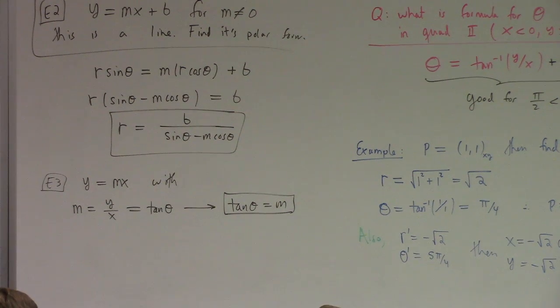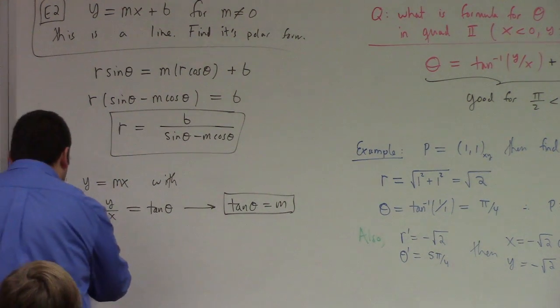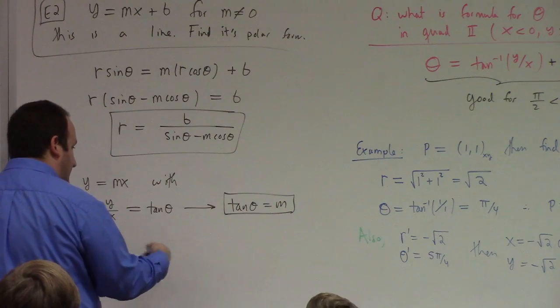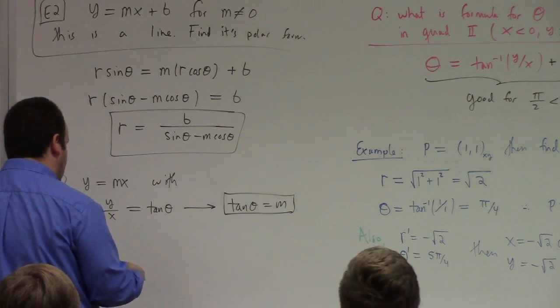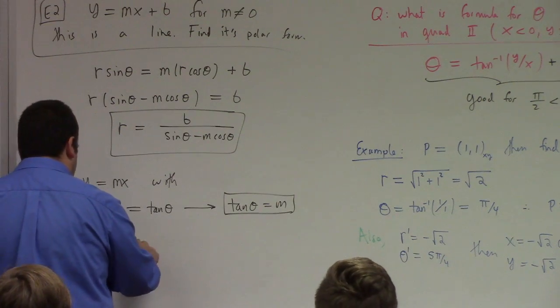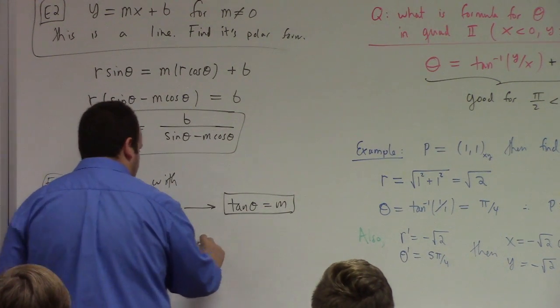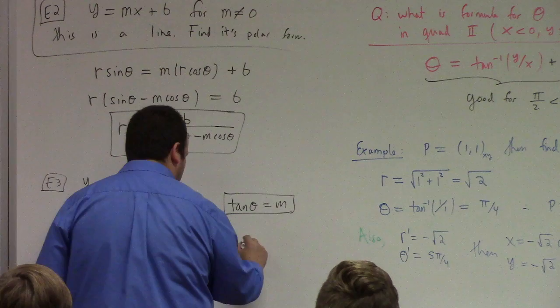Where's r? There's no r here, right? It's not r as a function of theta. In fact, r is independent of theta. If we're looking at x greater than 0, then we'd have theta equals what?